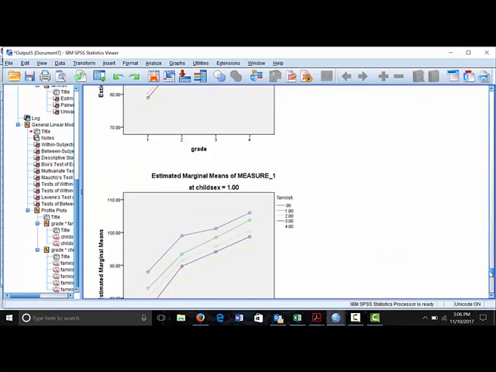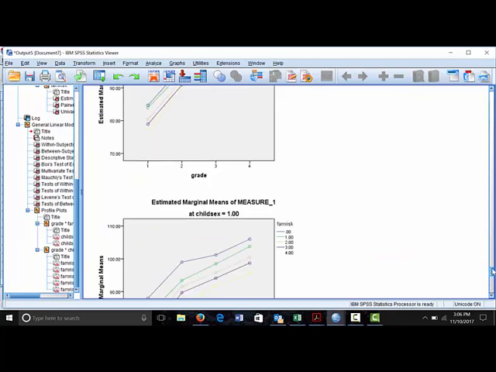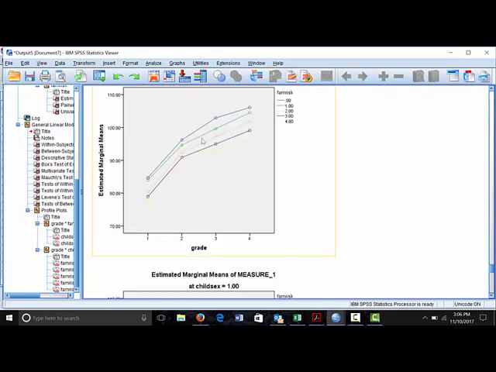So for one sex, you can see that these lines, while they diverge a little bit when we get to 3rd grade, in general, there's a lot of parallelism, that the effects of grade level are pretty consistent across the different levels of family risk.